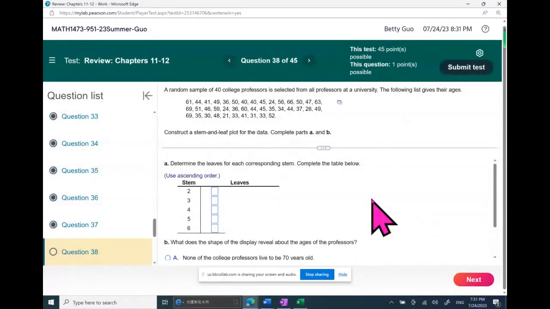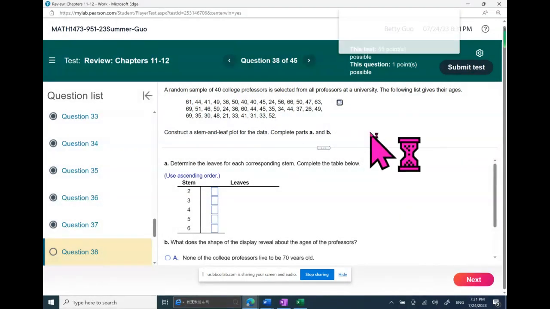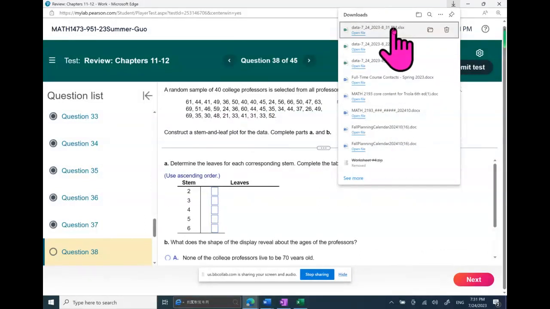Question number 38. For the stem-and-leaf plot, I need help with Excel as well. So let's get Excel. Do the same thing as earlier, from the smallest to the largest.